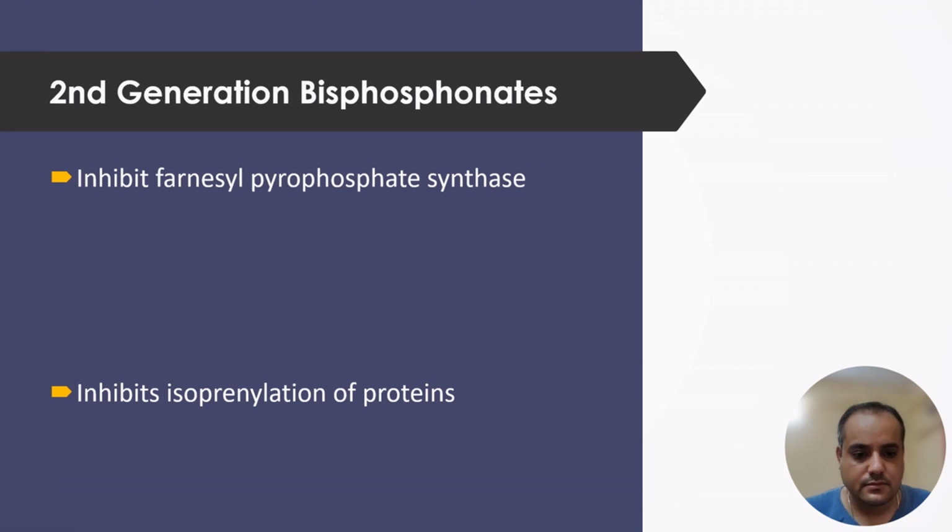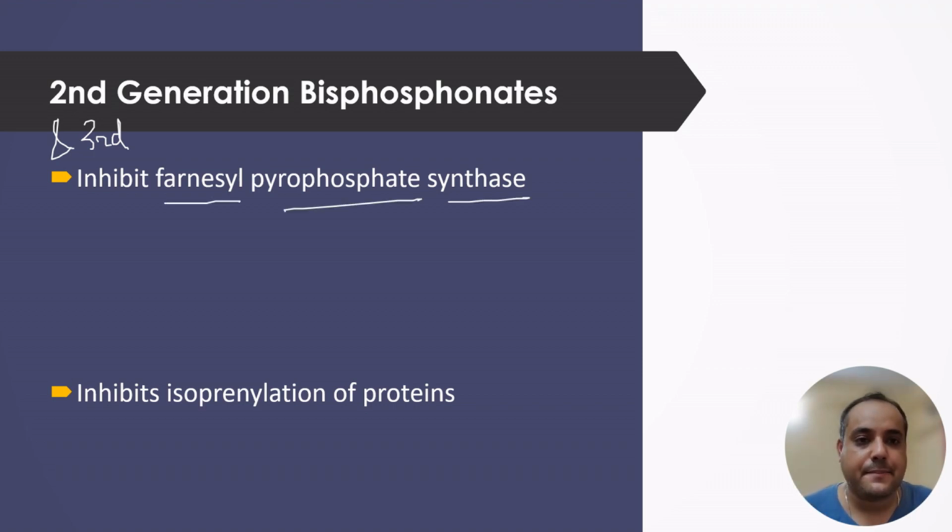So now let us look into the mechanism of action of the nitrogen containing bisphosphonates, that is the second and the third generation of bisphosphonates. They inhibit an enzyme known as farnesyl pyrophosphate synthase.